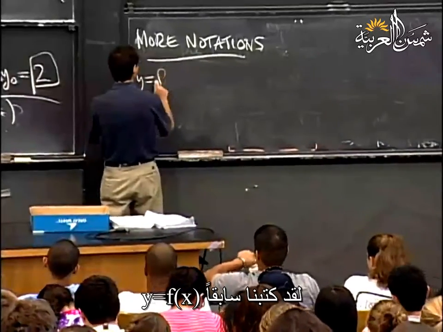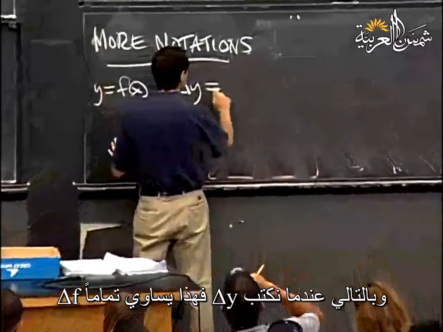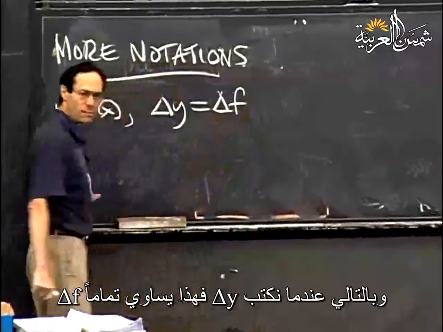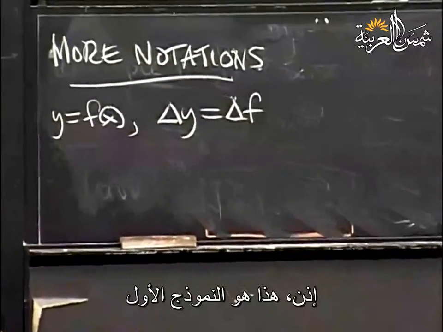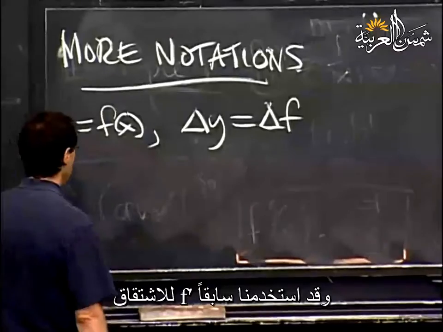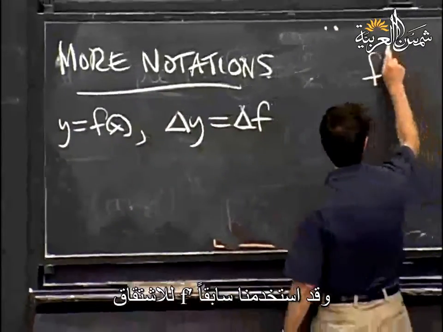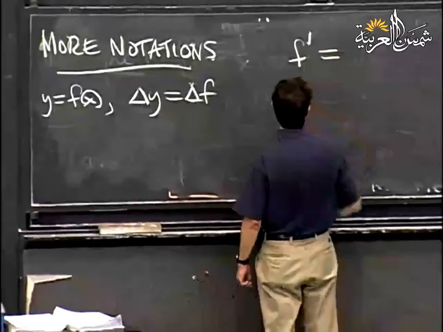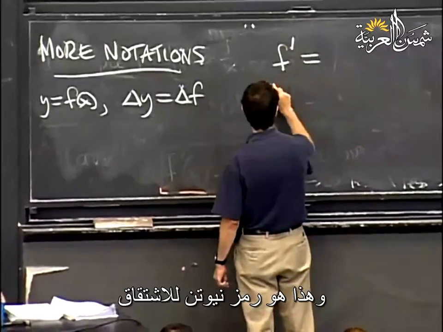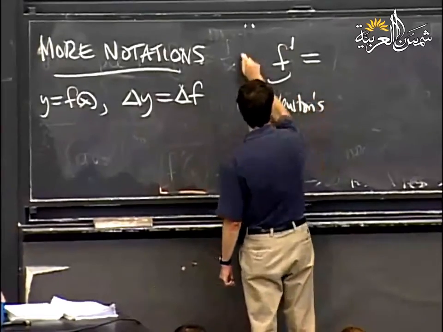We already wrote y is equal to f of x, and so when we write delta y, that means the same thing as delta f. That's a typical notation. And previously, we wrote f prime for the derivative. So this is Newton's notation for the derivative.